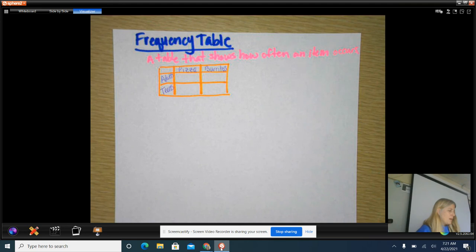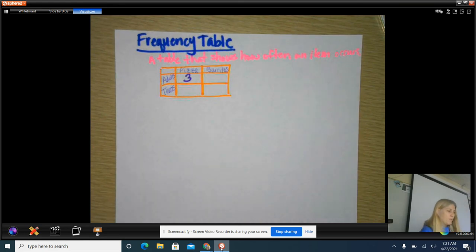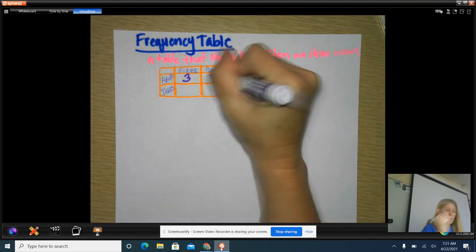Now, as we took this survey, this is the data that we got. So we're going to write in that data. The number of adults that preferred pizza was 3, and the number of adults that preferred burritos was 7.